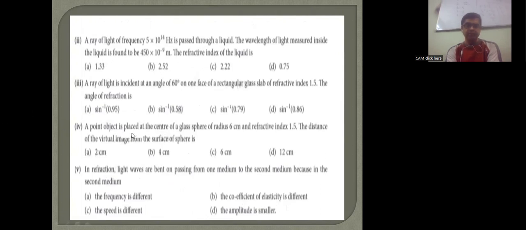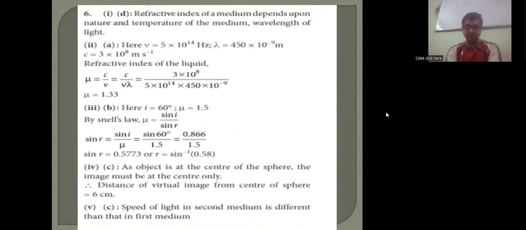A point object is placed at the center of a glass sphere of radius 6 centimeter and refractive index 1.5. The distance of the virtual image from the surface of the sphere will be? Friend, these direct formulas were given in the question itself, so such a numerical can also come in this form. Here the object is at the center of the sphere, so the image must be at the center, so the distance of the virtual image will be 6 centimeter only.